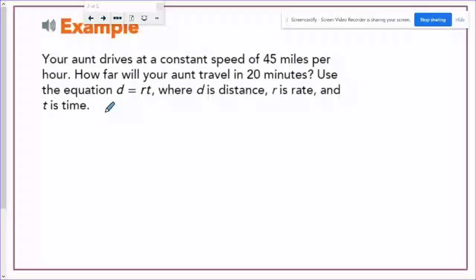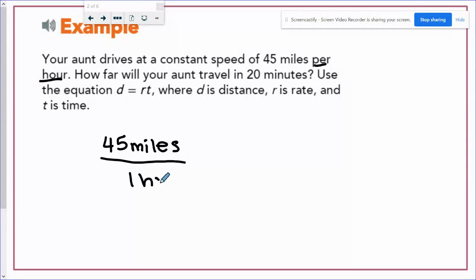So let's think about this here. Your aunt drives at a constant speed of 45 miles per hour. So we know that per hour is going to mean for 1 hour. So let's write that as a rate here. 45 miles in 1 hour.